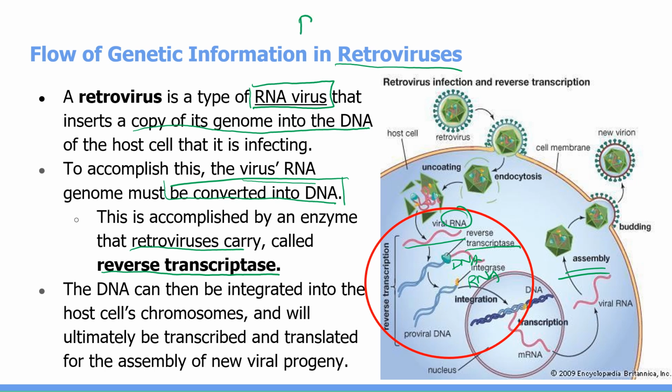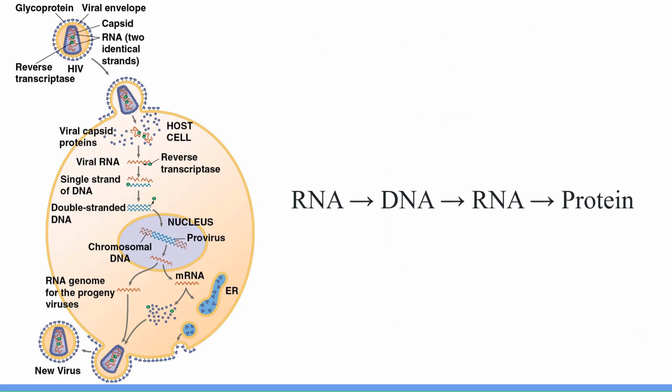It goes RNA to DNA, and then that DNA gets transcribed, then translated into the protein parts. Well, can't stress this concept enough, so you're seeing it one more time.